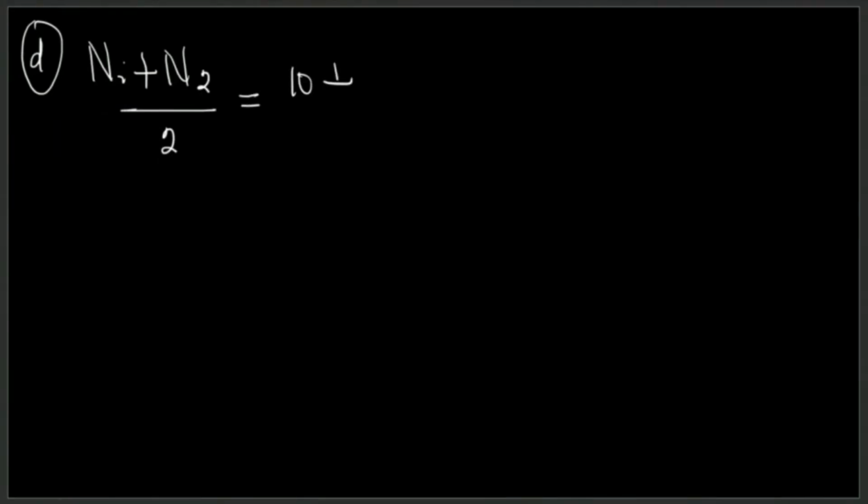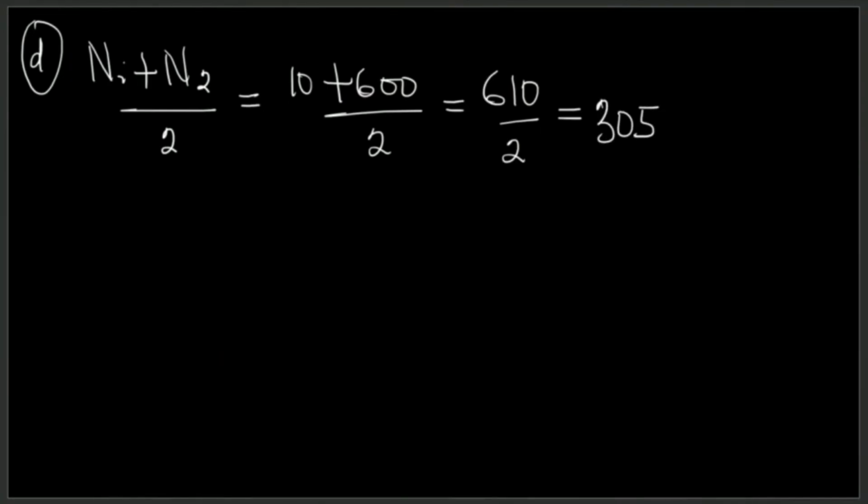So that is 10 plus 600, divided by 2. So this is going to give us 610 over 2. 610 over 2 is what? 305. So this is the average rotational frequency in revolutions per minute. 305 revolutions per minute.